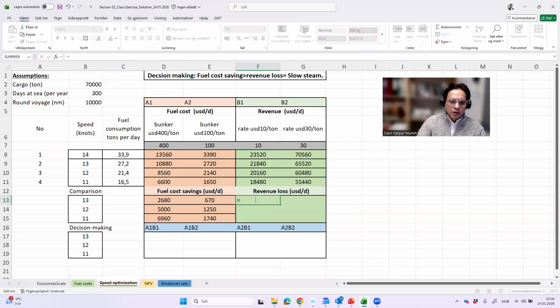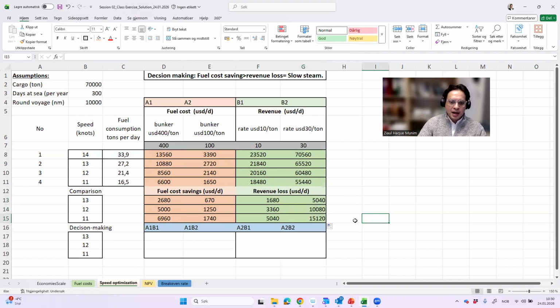Here again, we always fix the base case minus the next one. Drag it down. So this is how we get the fuel cost savings and revenue loss.